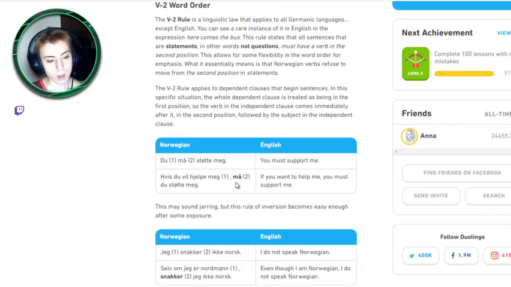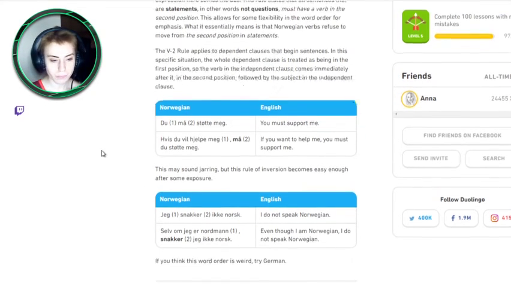So we would say du må, you must, but because of the V2 word order, må has to go in front of du because it's the second position after the first. And the first is this whole first part of the sentence.